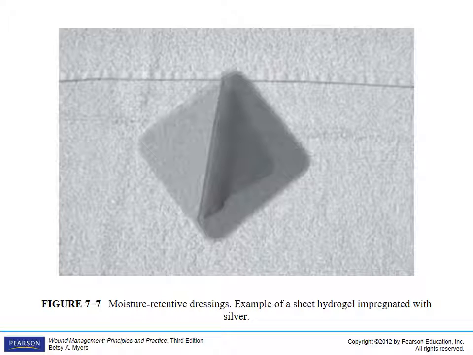There's a lot of evidence coming out within the last 3 to 4 years showing that long-term use of a silver impregnated hydrogel is not evidence-based. In the short term it will do really good things for decreasing bacterial load, but long-term use is expensive and doesn't show a quicker healing rate.